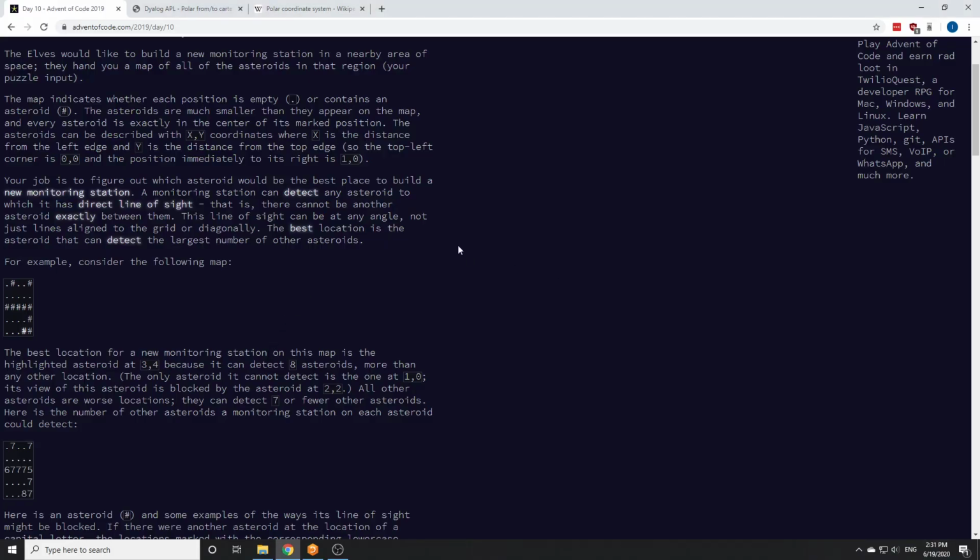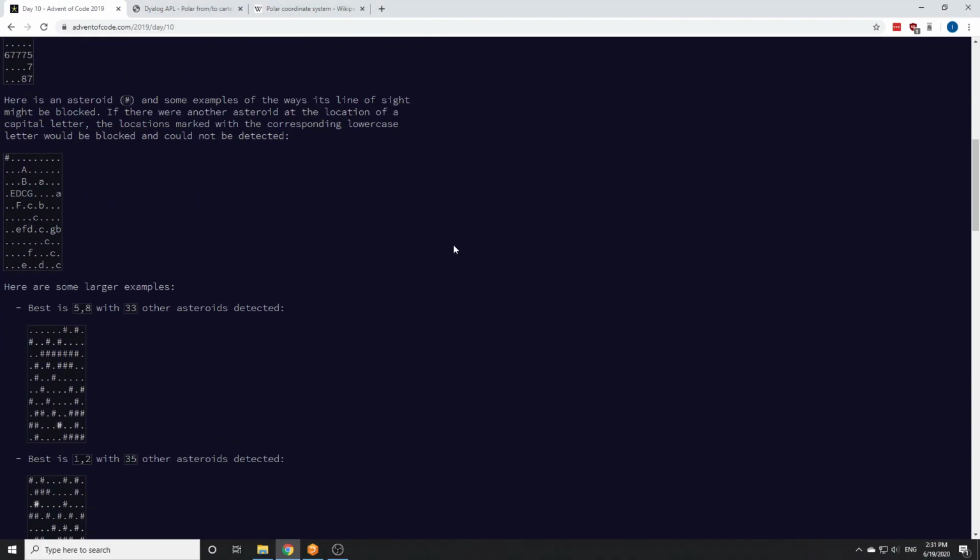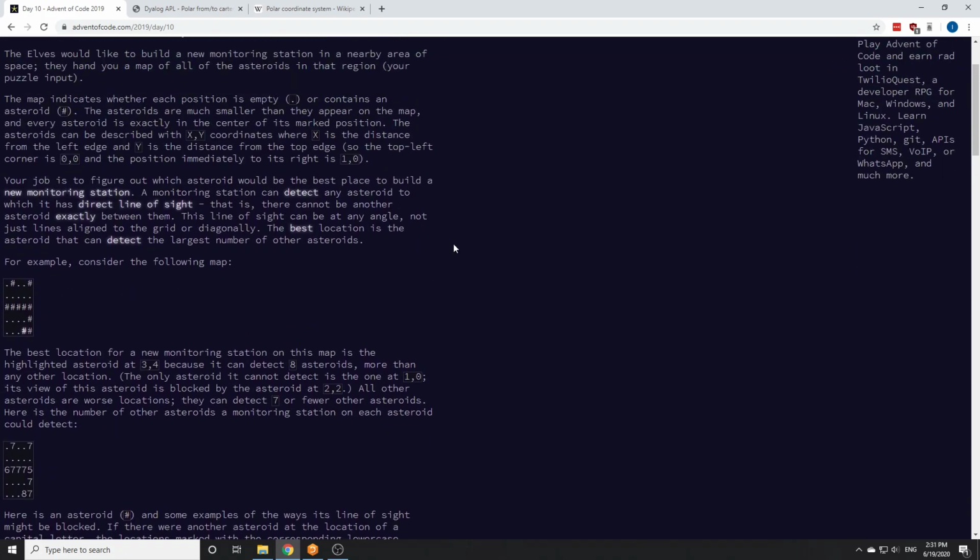And I believe our first question says we need to figure out which asteroid would be the best place to build a new monitoring station. It can detect any asteroid to which it has direct line of sight. So I'm guessing you can draw a vector from a pound sign to another pound sign, and there cannot be another asteroid directly between them, right?